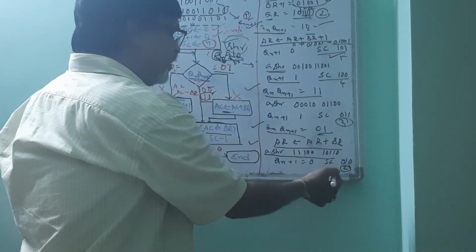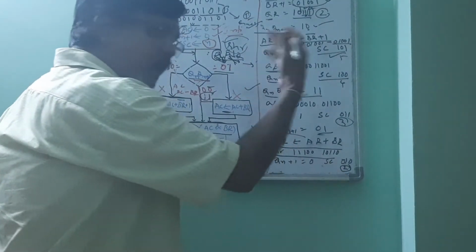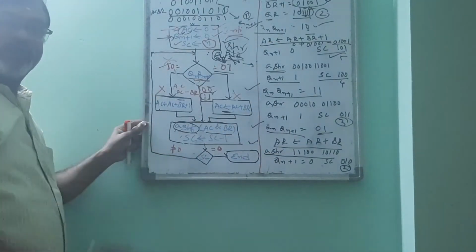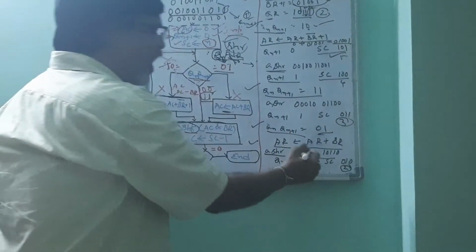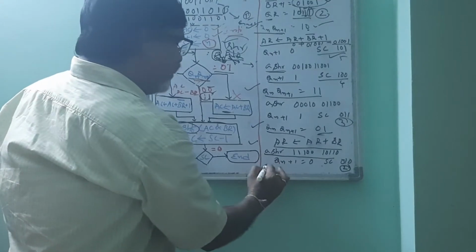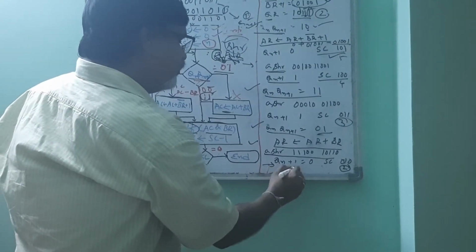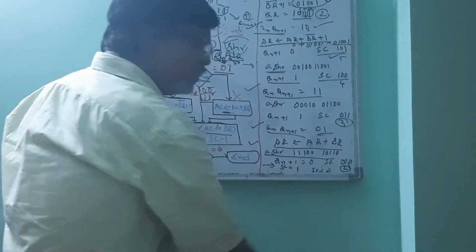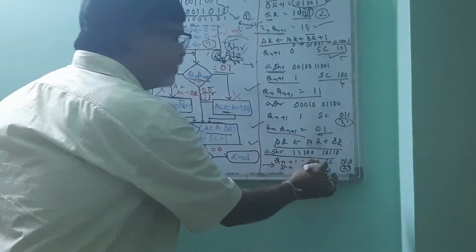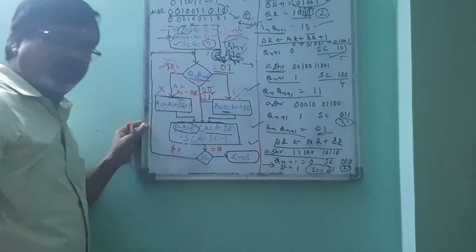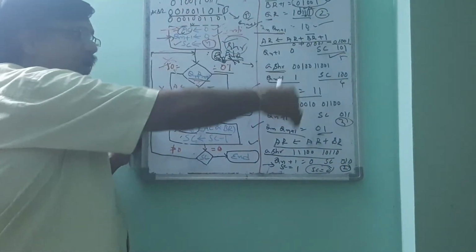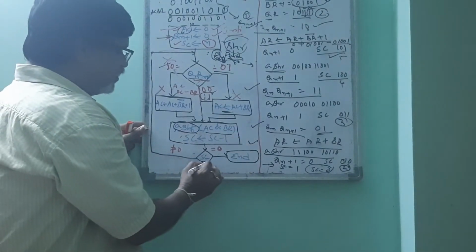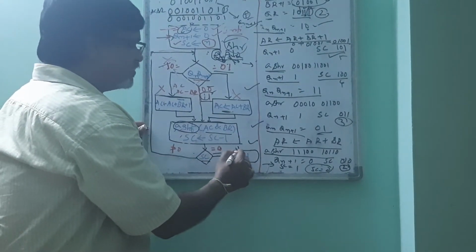Still the sequence counter is not 0, and we need to repeat this process until the sequence counter value becomes 0. Two more steps: the SC value will become 1, and then one more step where the SC value will become 0. Until we reach SC equal to 0, we have to keep repeating these steps, and the moment we reach SC is 0, the procedure ends.